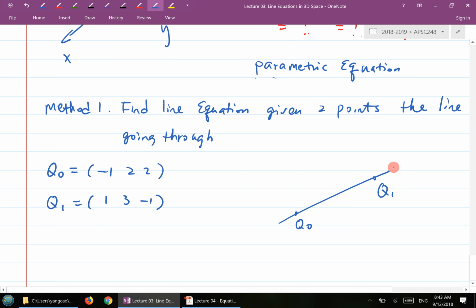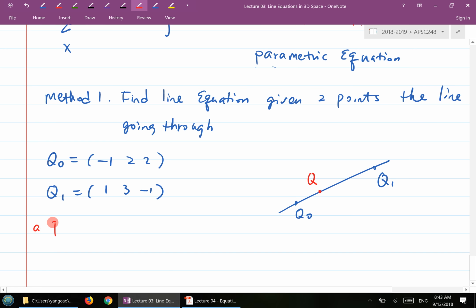I'll use a little bit of physics to illustrate the derivation here. Okay? Let's just suppose I have another point Q on this line, and this is a moving point. And so this Q, let's suppose, starts at Q0 and then moves along the line to Q1, right? Now because Q is a moving point, its coordinates will not be constant, will be a time function.